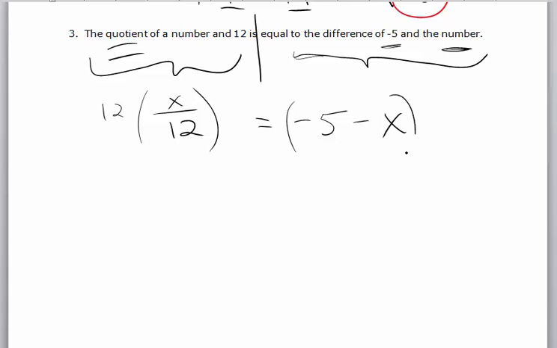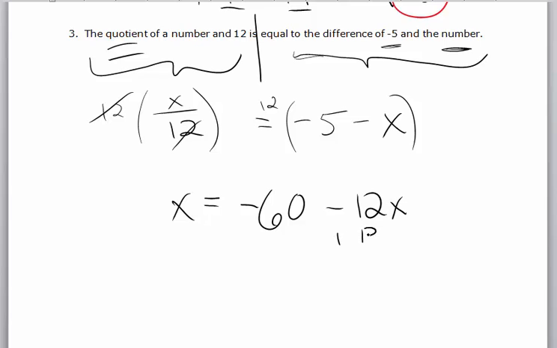And here's how you learn how to solve that. Multiply everything by the LCD. In this case, there's only one denominator, and that's 12. So x equals negative 60 minus 12x. Next up, I'm going to add 12x to both sides.